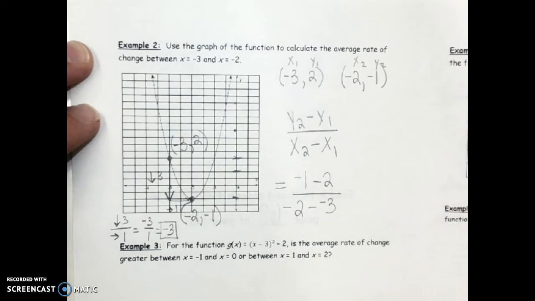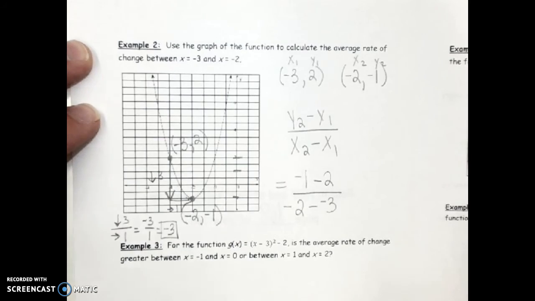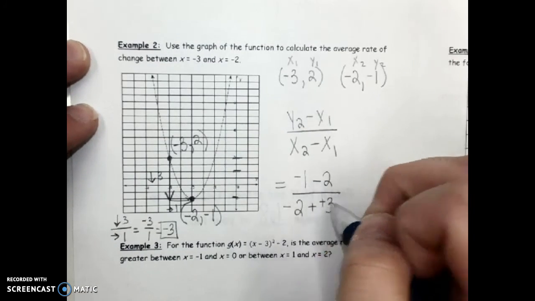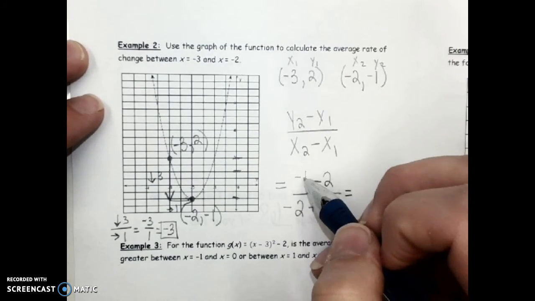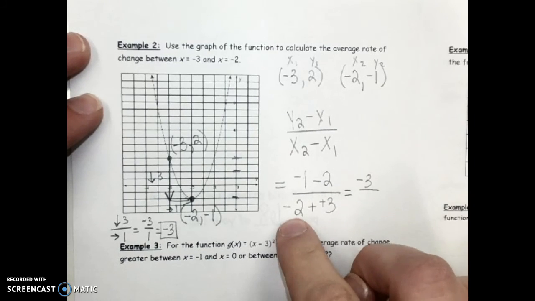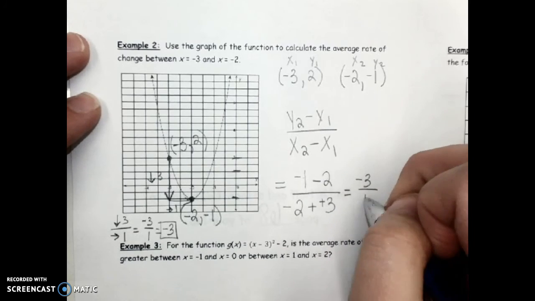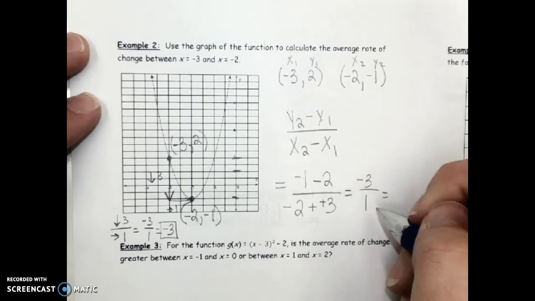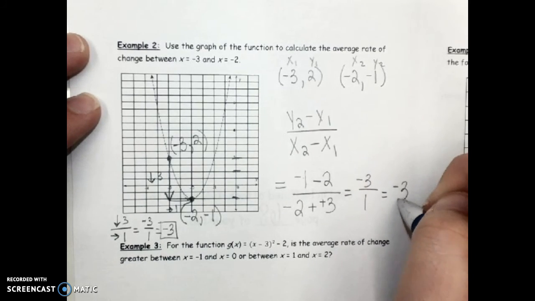Now what do you know about minus and negative? Minus and negative is the same as plus a positive. So you have negative 1 minus 2, which is a negative 3. You have negative 2 plus 3, which is 1. Negative 3 divided by 1 is a negative 3.